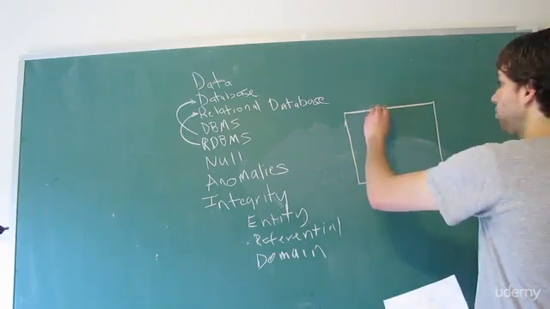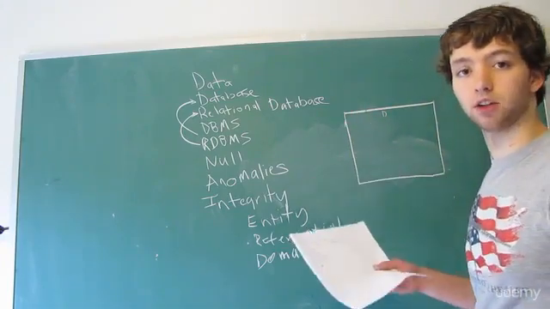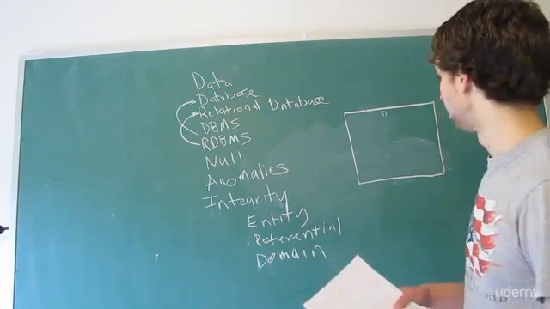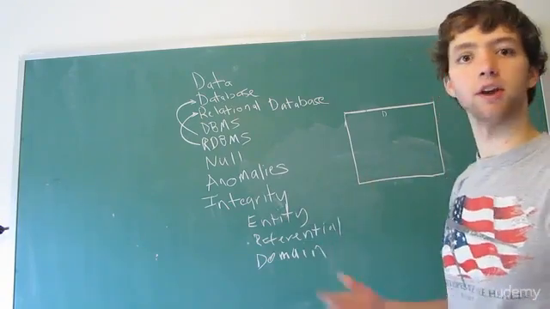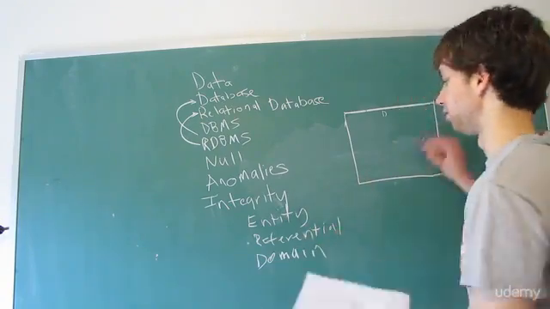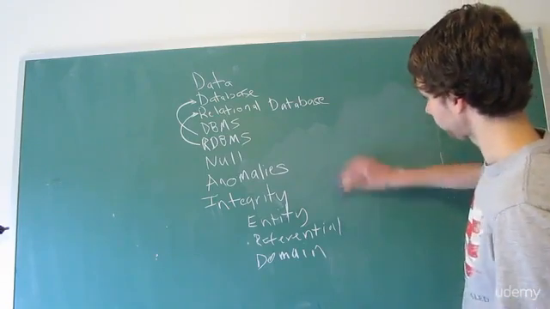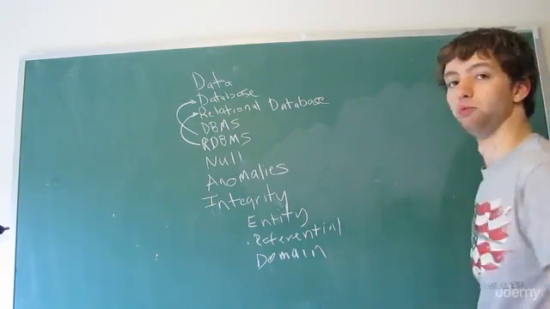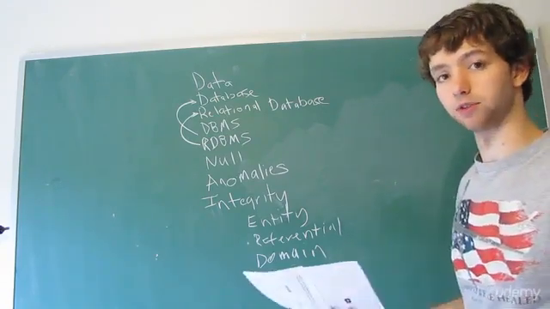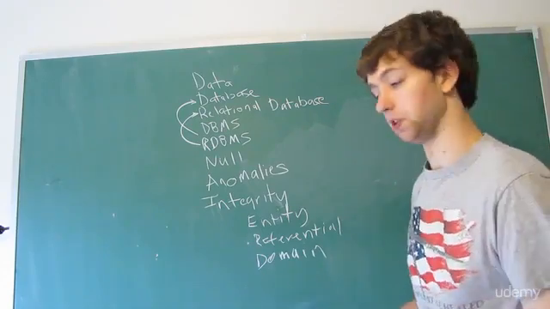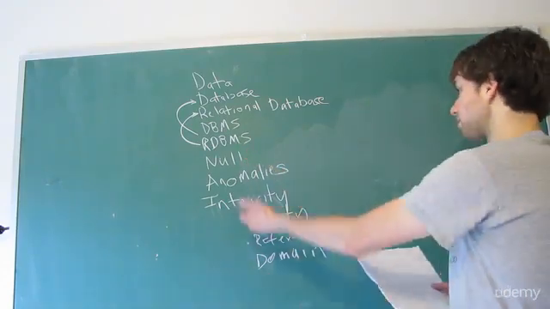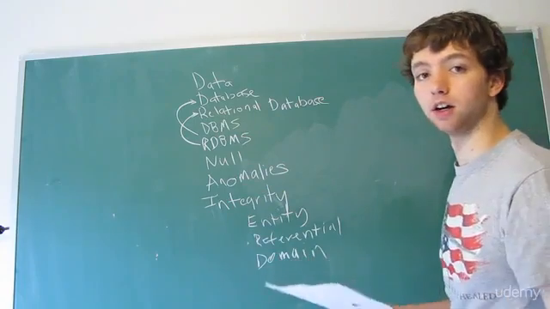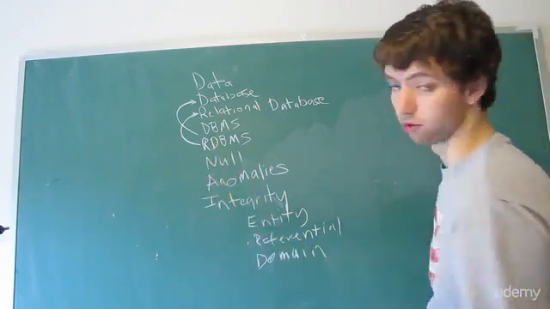So if we have a phone number, we would expect numbers, not text or a date. That is domain integrity. And the word domain is basically the range of values that are acceptable to store within a column. So these are our data vocabulary that you should know.